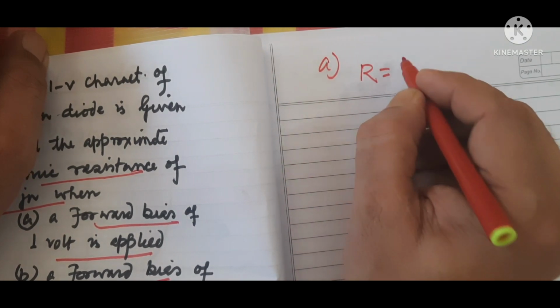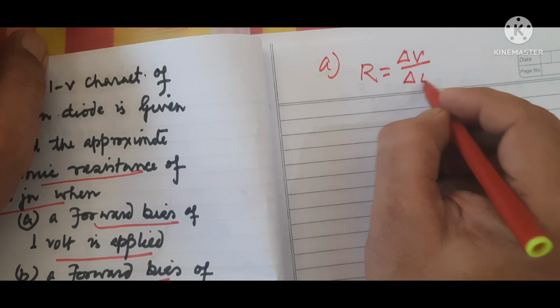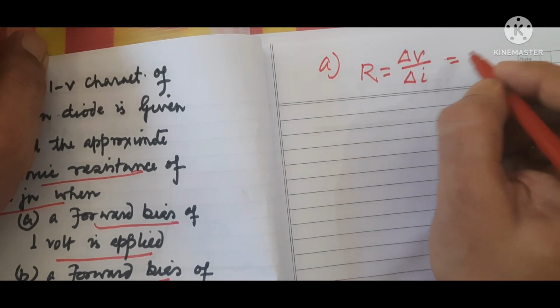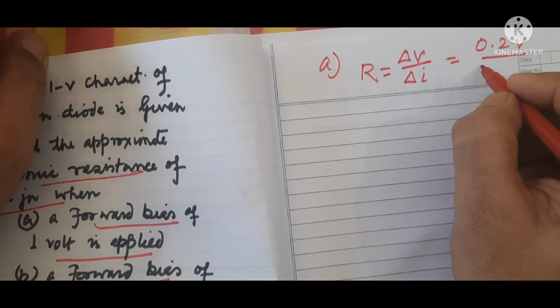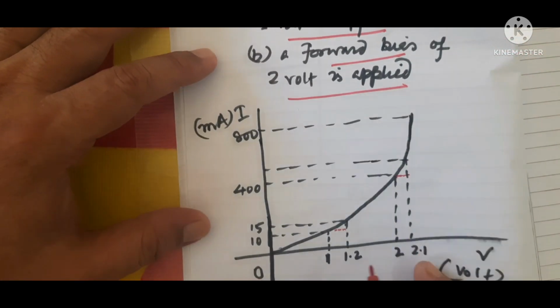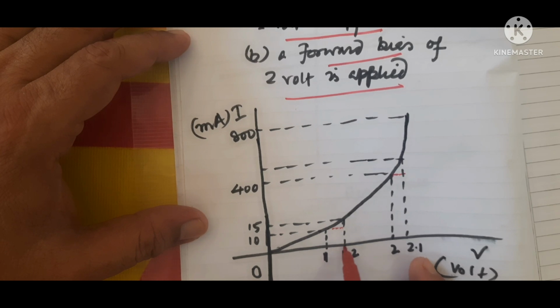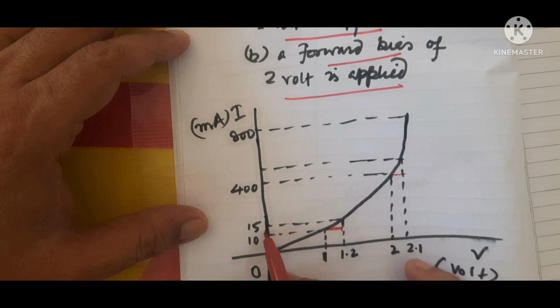Dynamic resistance is equal to change in potential difference by change in current. First one is 0.2 volt and delta I is 5 milliampere. Looking at the diagram once more, the difference is 0.2 volt and the current difference is 5 milliampere.